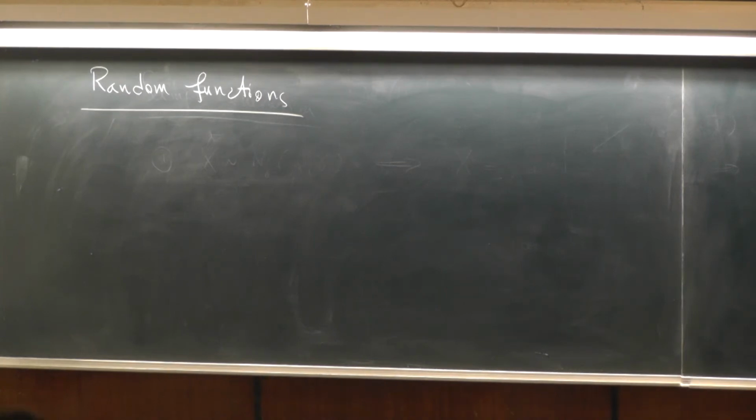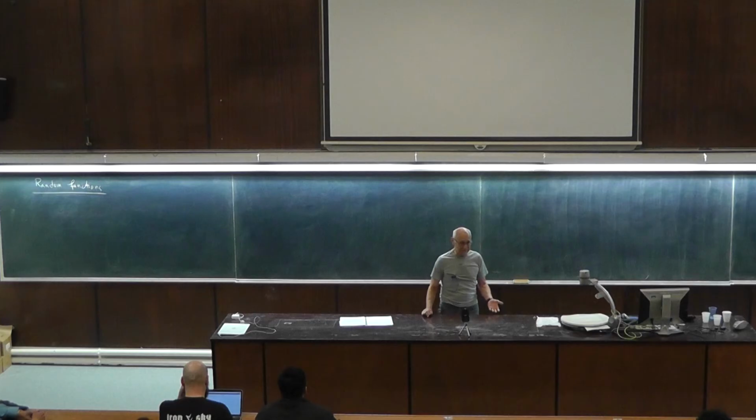Well, let's try to think of random function in this way. We already discussed random vectors. So what's a random vector? A collection of random variables. First component, second component, and so forth.